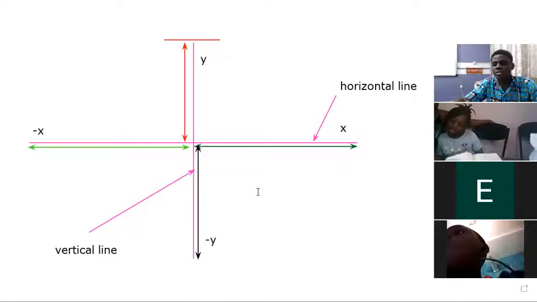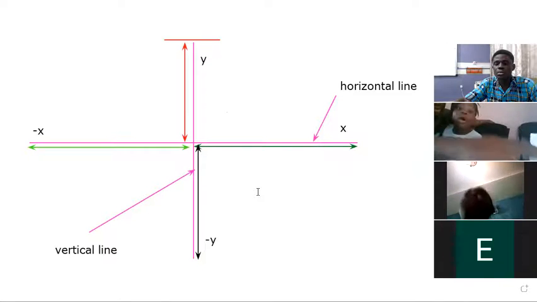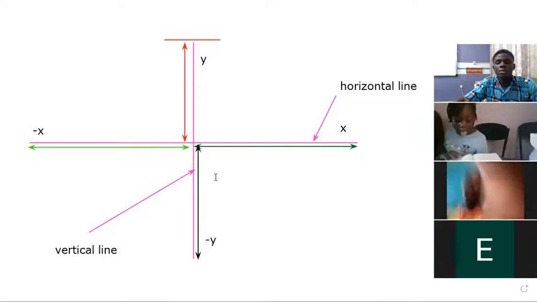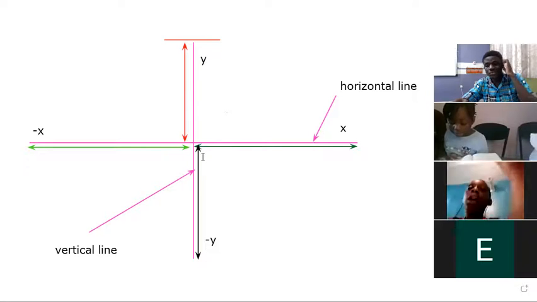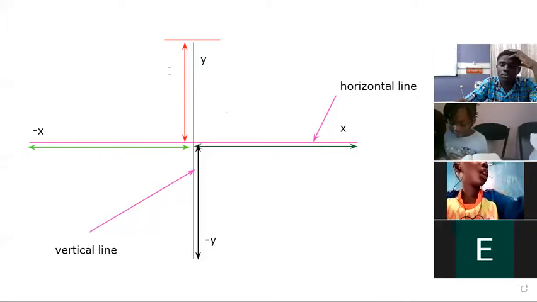This is X, what about you? And here is negative. And here is X. And here is negative X.